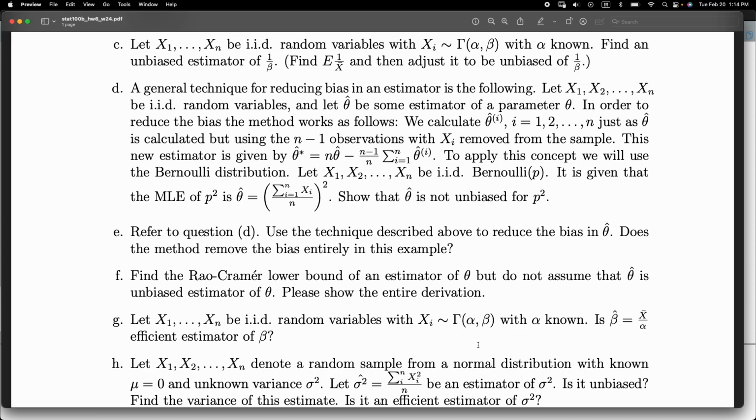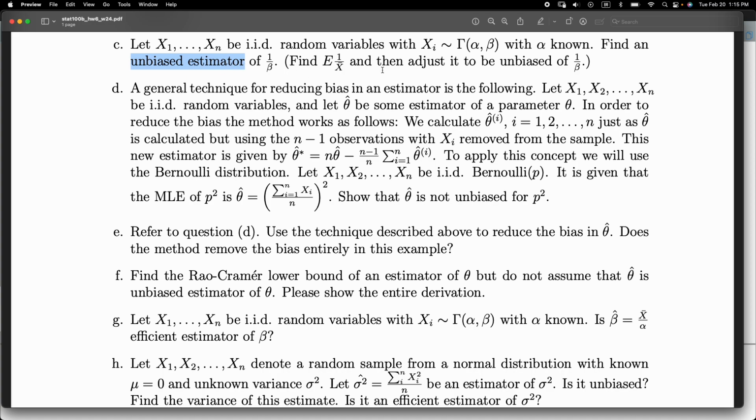So x1 to xn IID follow gamma alpha beta. Find an unbiased estimator of 1 over beta. Yeah, so we need to design a particular estimator, and then because we want that it's the estimator for 1 over beta, so we need to make sure that the expected value of this constructed estimator is equal to 1 over beta.